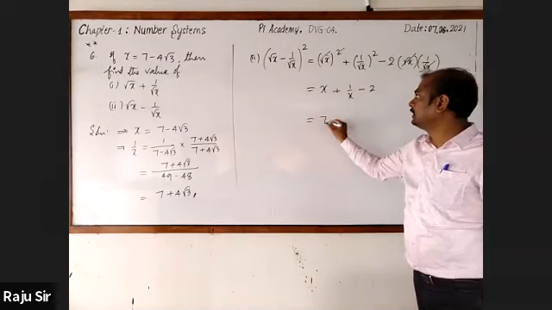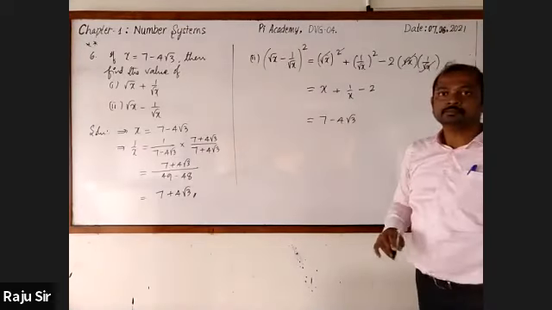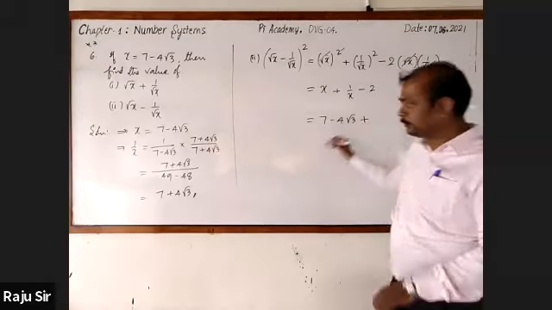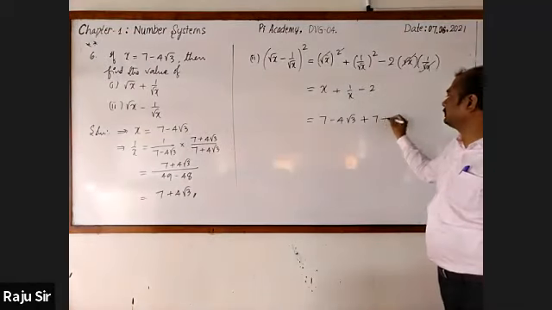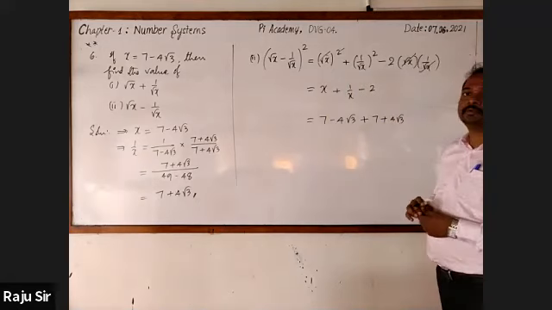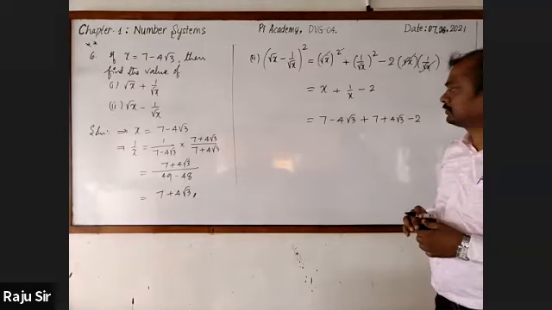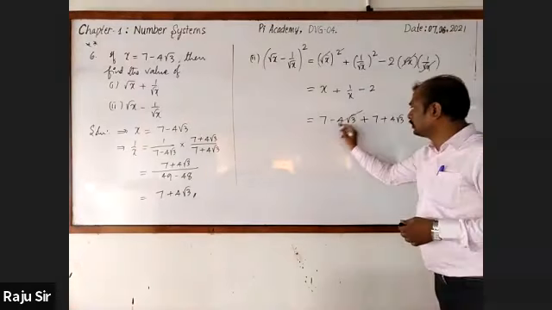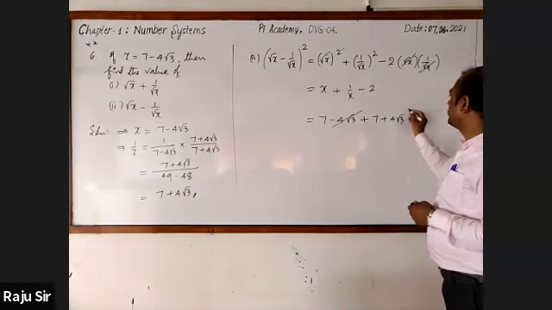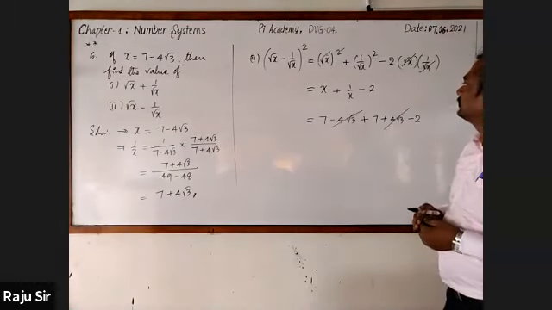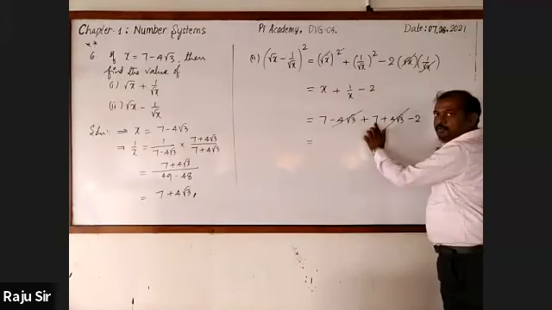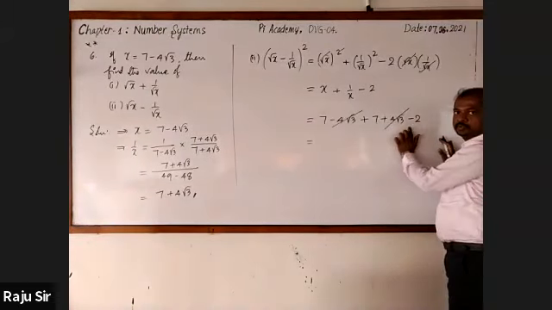They have given it is 7 minus 4 into root 3. 1 by x, we have found out it is 7 plus 4 into root 3. Then minus 2 is there, right? Minus 2. Here also minus 4 root 3 plus 4 root 3 get cancelled. Now, observe 7 plus 7, 14. 14 minus 2, 12. 12.